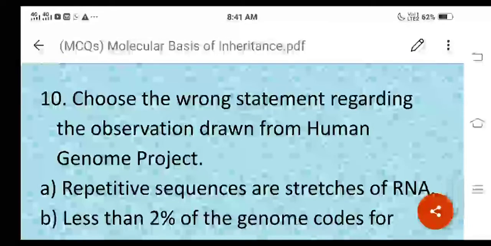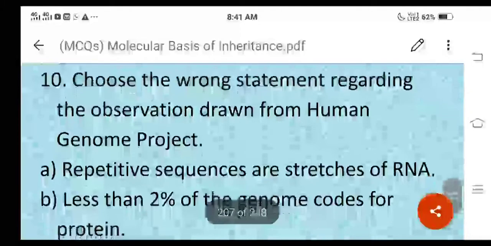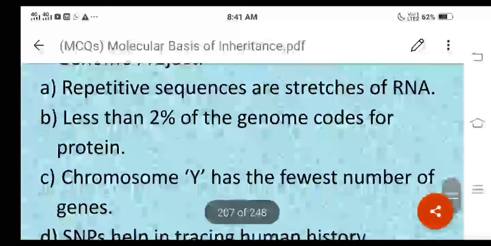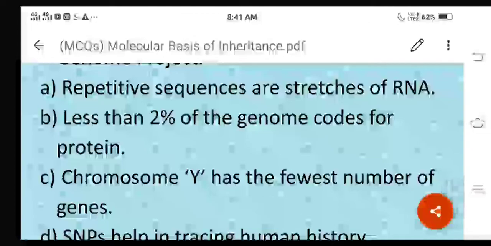Choose the wrong statement regarding the observations drawn from HGP, or the Human Genome Project. Wrong statement means, option A, repetitive sequences are stretches of RNA.